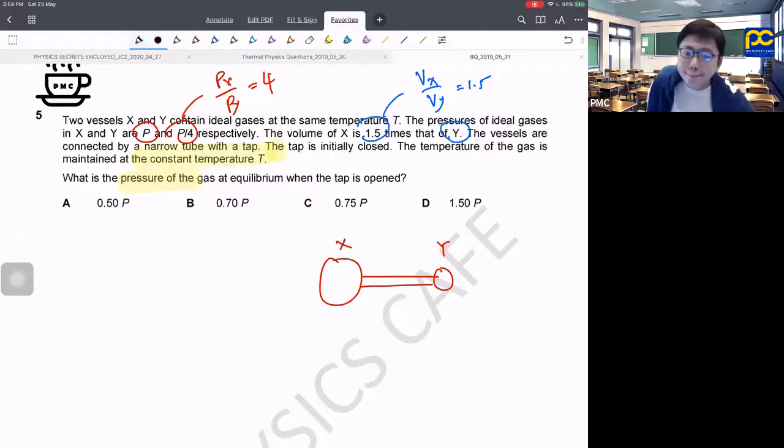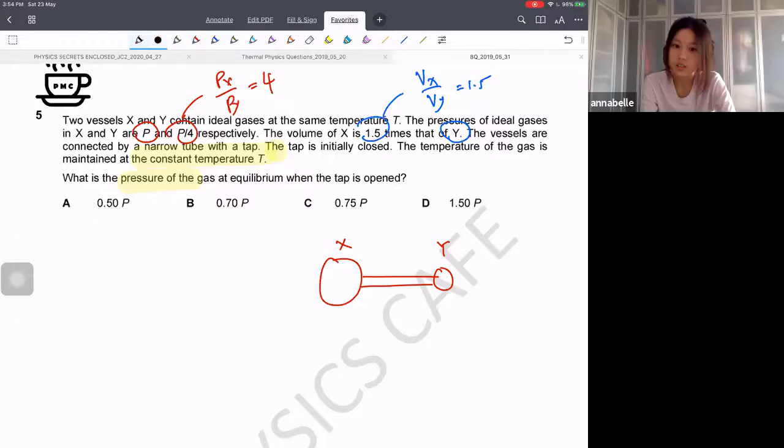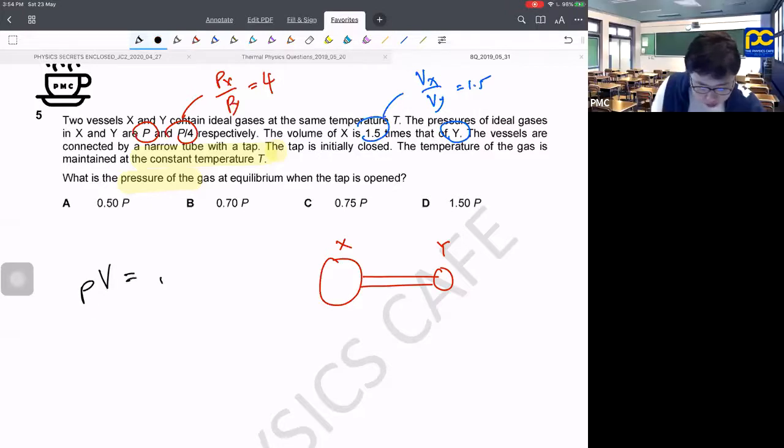First step. PV equals nRT. Perfect. You chose the correct equation from the mind map. That's nice. So I know there are two cylinders. Okay, I will not trouble you. I'll write down for you.